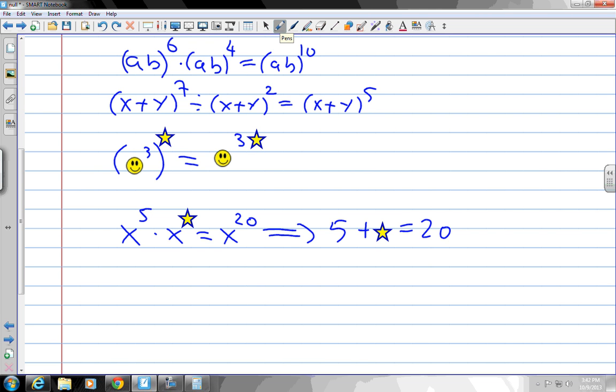See what he's doing? He knows that you have to add exponents on the left to get 20 on the right. So then you solve for the star. So star equals 15. Does that make sense?